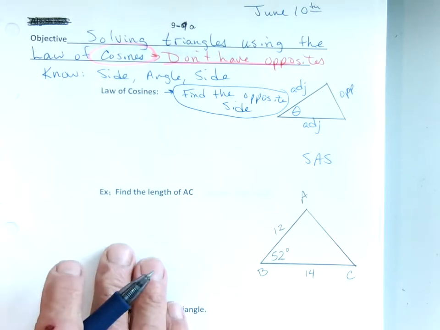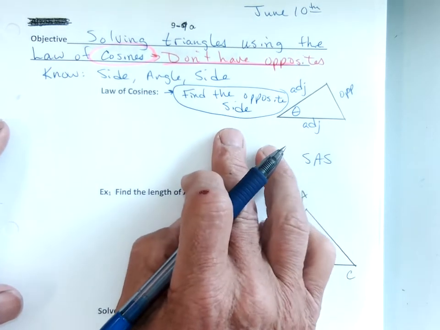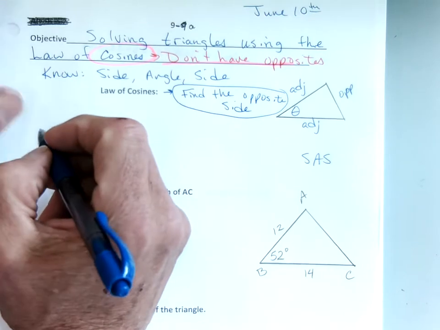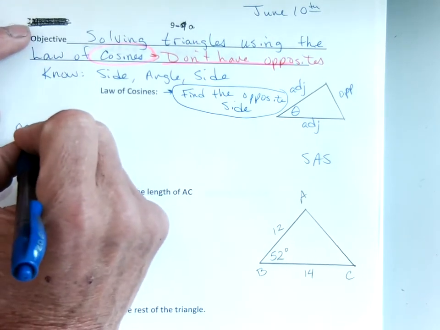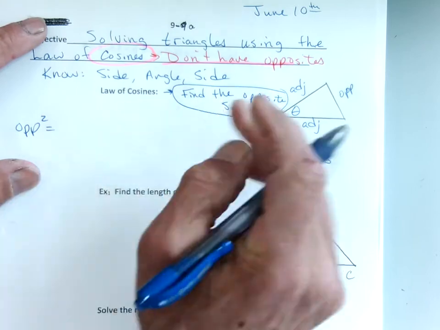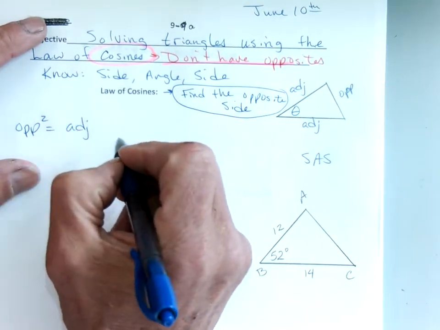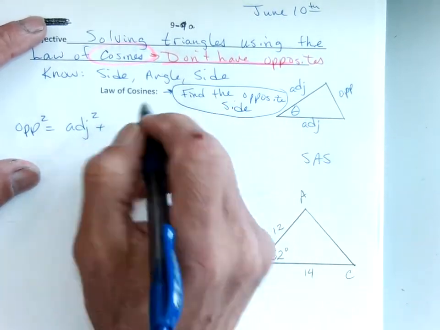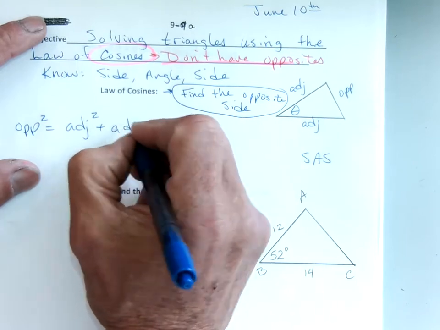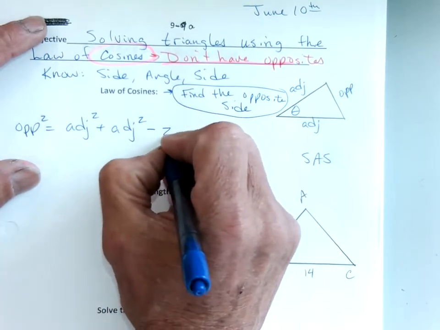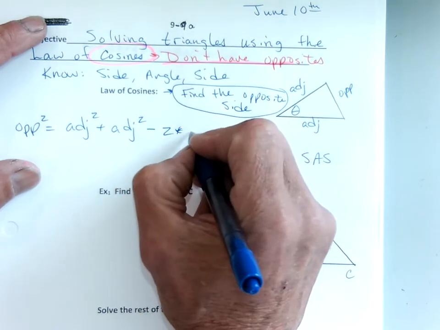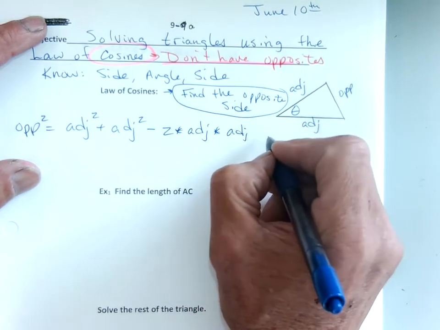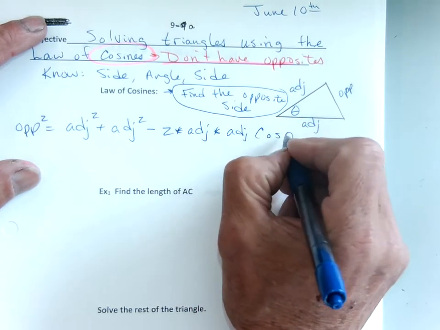Here's how it works. It's going to be a long formula. It's not difficult, it's just long. The formula says this: opposite squared equals one of the adjacent sides squared, plus the other adjacent side squared, it doesn't matter which one, minus 2, and that 2 is part of the formula, times the adjacent side times the other adjacent side times the cosine of theta.